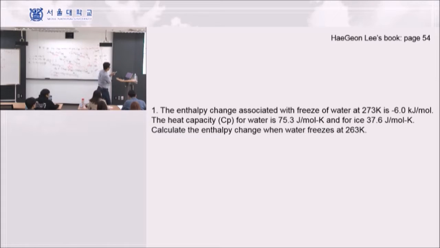Calculate the enthalpy change when the water freezes at 263 Kelvin. So it's supercooling. Water typically, ideally, becomes solid ice at 273 Kelvin, but as you know, most of the time we have undercooling. If you know all this information, can you calculate the real enthalpy when water freezes to ice about 10 degrees lower than the melting or freezing temperature? This is actually very, very simple.